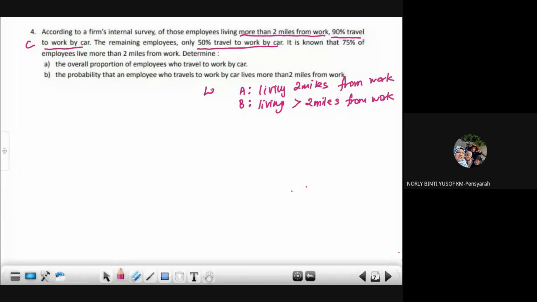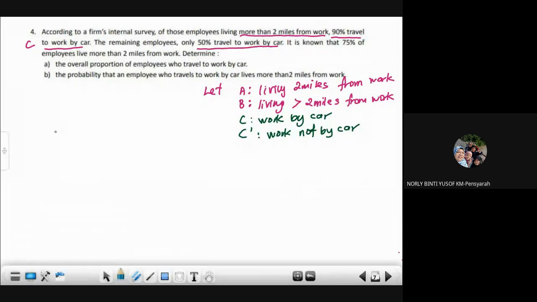So Madam letkan A tu adalah living 2 miles from work. B tu adalah living more than 2 miles from work. Okay, and then you ada pakai car dengan tak pakai car lah. So tambah kat sini work by car. Okay, this one kalau you faham, you tak perlu tulis lah. This one I explain what is the notations that I put in my tree diagram.